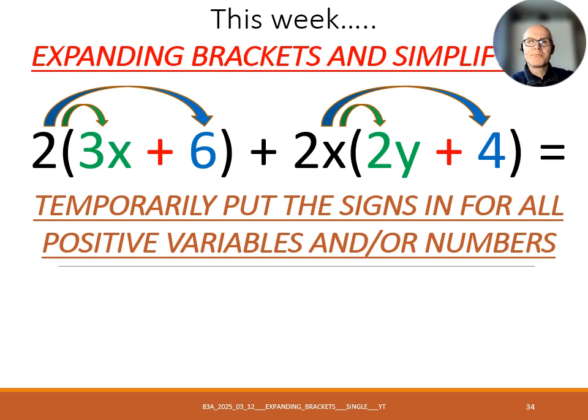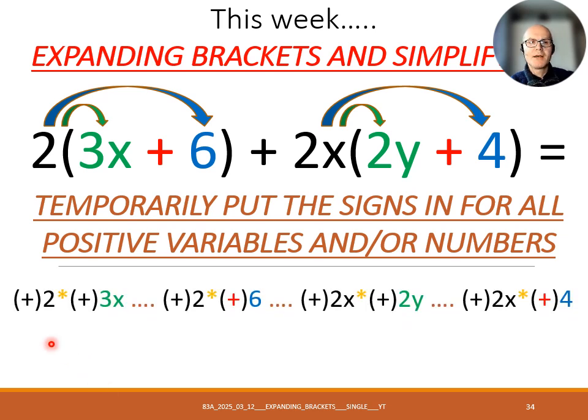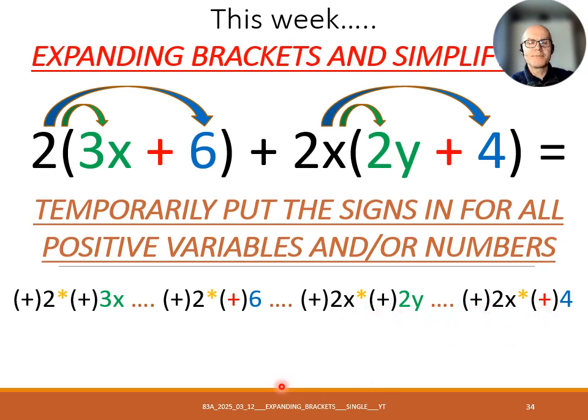Let's put those positive signs back in where applicable. Positive 2 times positive 3x, positive 2 times positive 6, positive 2x times positive y, and positive 2x times positive 4.